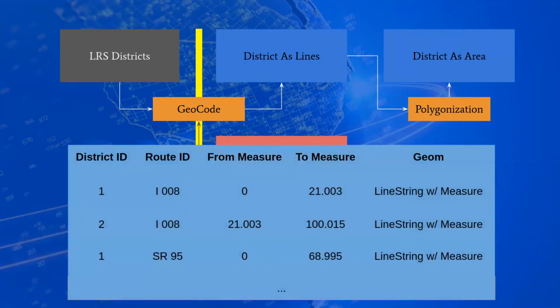The district as lines table has geometry in line string or multi-line strings with measure. Notice the measure here is route measure, which is different from milepost offset.